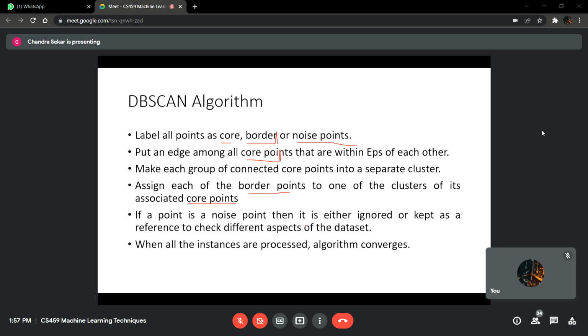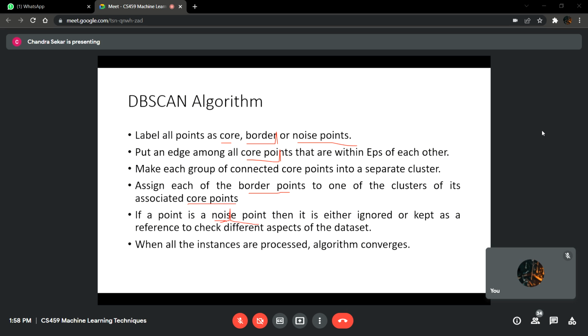A data point which is a border point may share the neighborhood with two core points, so you have to decide which core point it is actually going to belong to, meaning inside which cluster it is going to belong. That dilemma has to be resolved for the border point, and the remaining points will be the noise points.